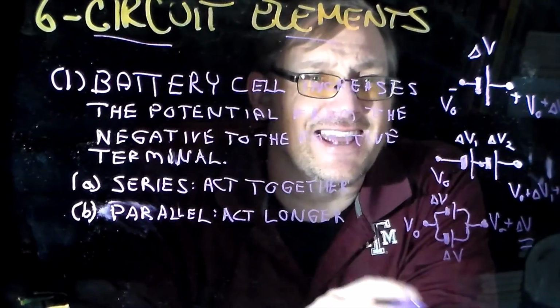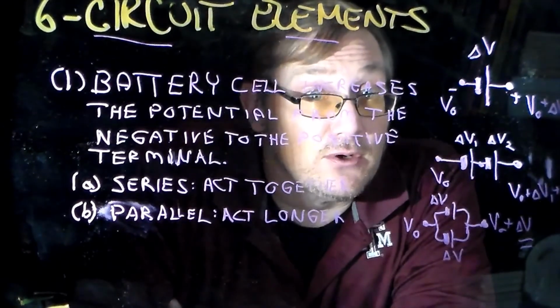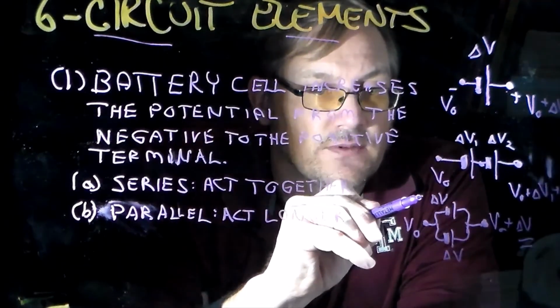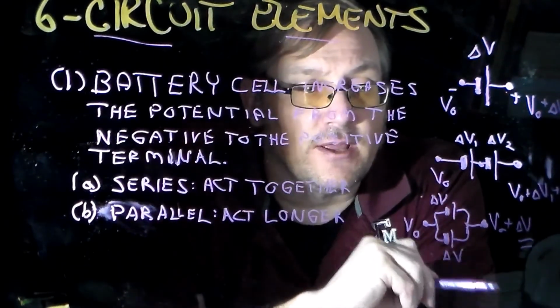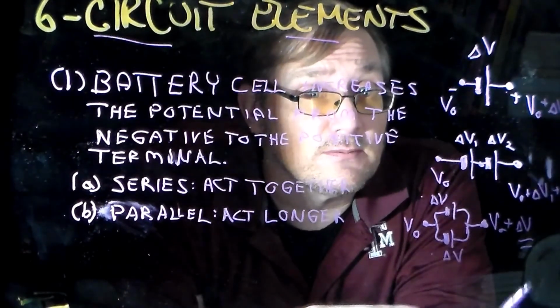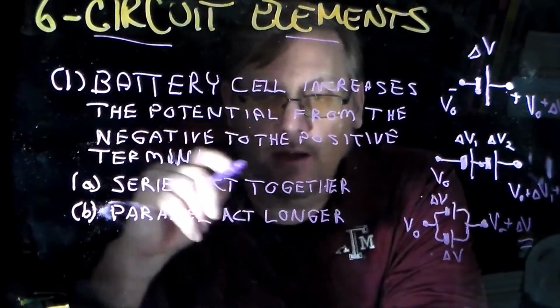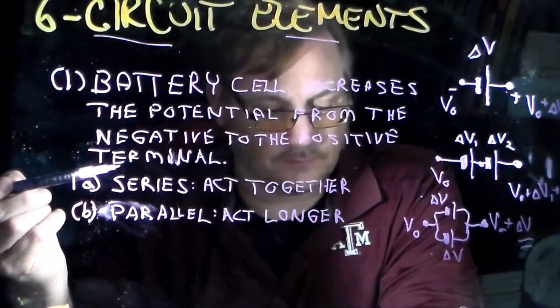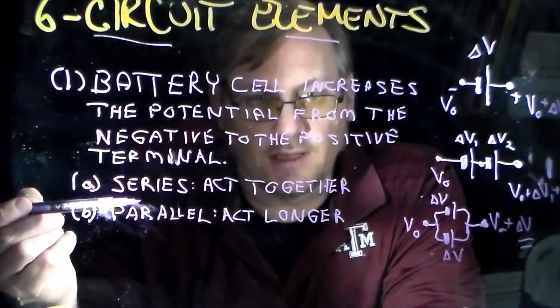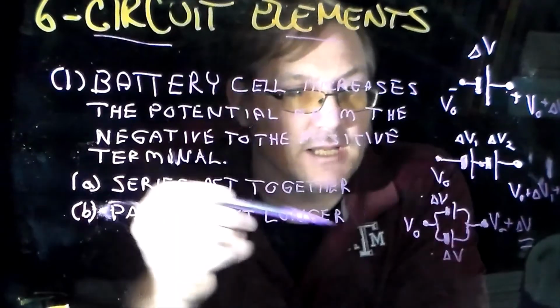So every battery has a lifetime in amp hours. If this one has 100 amp hours and this one has 100 amp hours, it'll last 200 amp hours. That's how much energy it can provide. But they don't add any more potential.